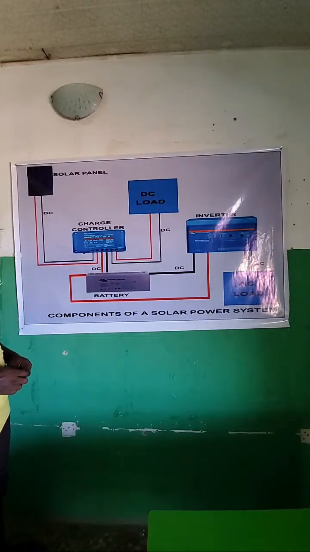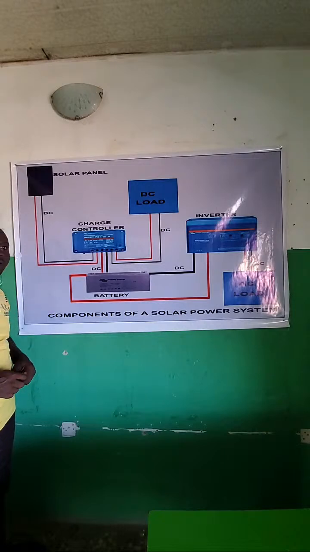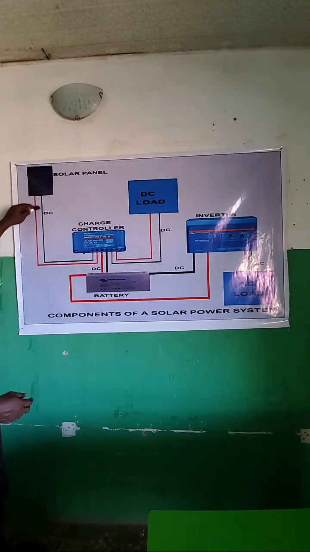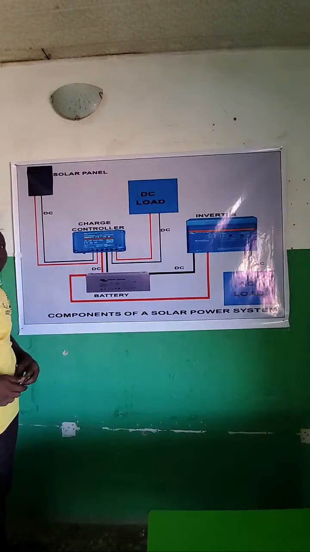The MPPT charge controller is more rugged than the PWM charge controller, and it is also more expensive than the PWM charge controller. Now, if you have a solar system with a very high voltage, that is, the voltage that is coming from the solar panels to the battery bank is high, it is advisable for you to use the MPPT charge controller because it can handle high voltages.